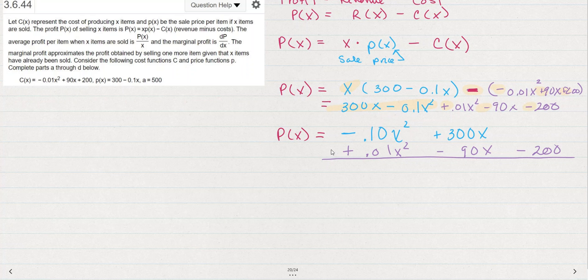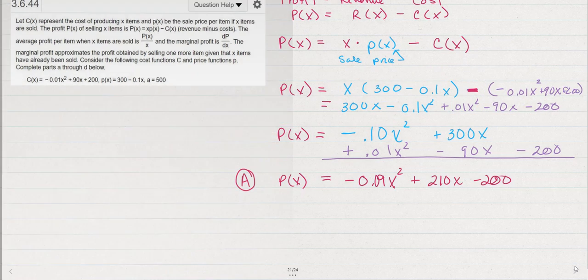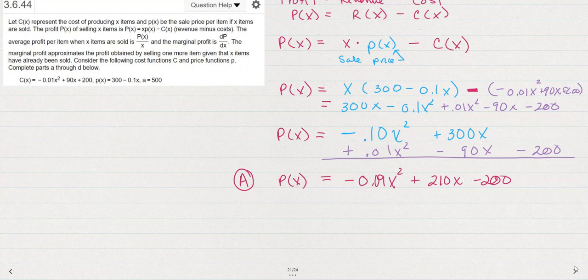But when I write these above each other, it makes it really easy to combine like terms without losing anything. And so here's the answer to part A. The profit function we can find by combining those like terms.